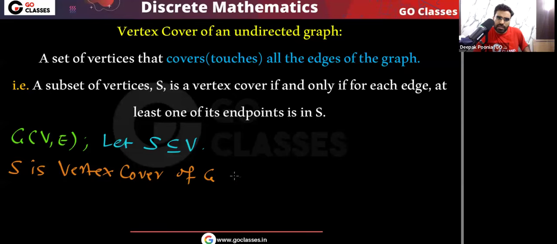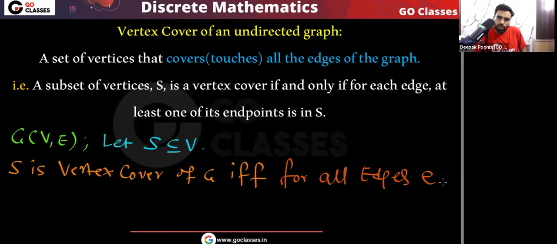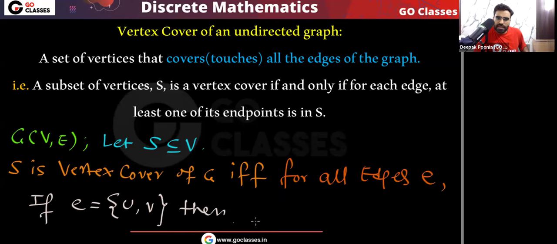S is a vertex cover of G if and only if for all edges, if E is an edge between two vertices U, V, whose endpoints are U, V, then at least one of these endpoints must be present in S. Because for all the edges, at least one of their endpoints must be present in the vertex cover.